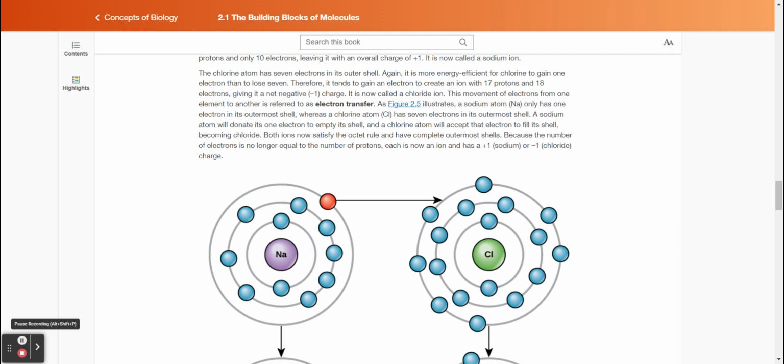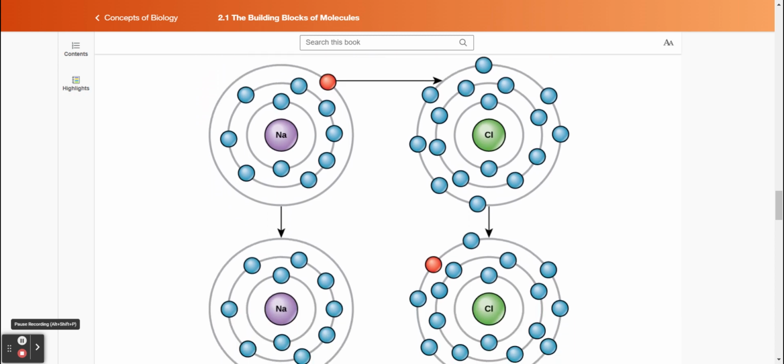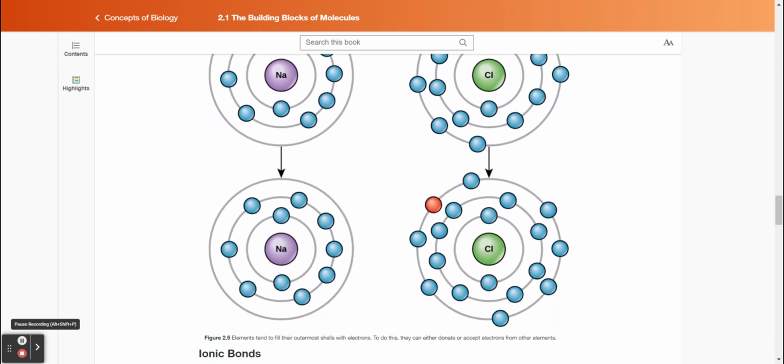Because the number of electrons is no longer equal to the number of protons, each is now an ion and has a positive 1, sodium, or negative 1, chloride, charge. Figure 2.5. Elements tend to fill their outermost shells with electrons. To do this, they can either donate or accept electrons from other elements.